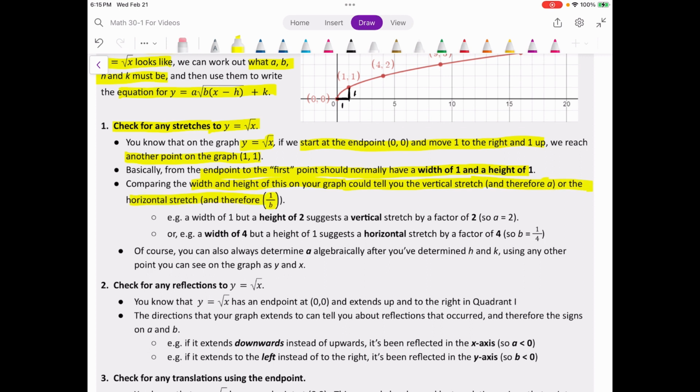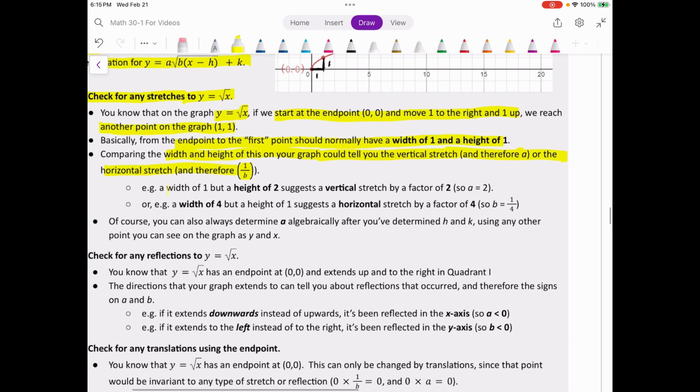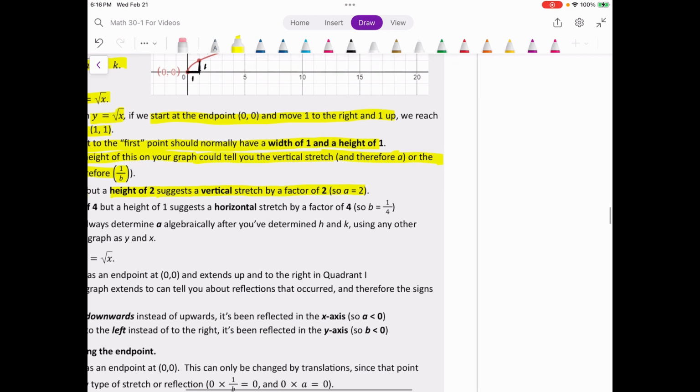So for example, if we had a width of 1 but a height of 2, that suggests a vertical stretch by a factor of 2. So our a is 2.